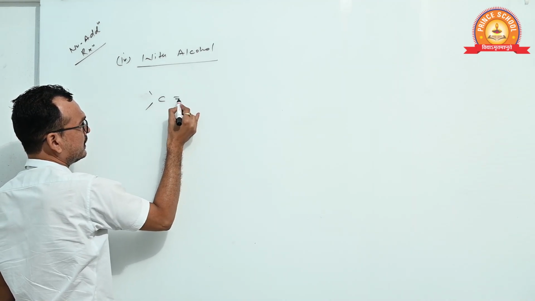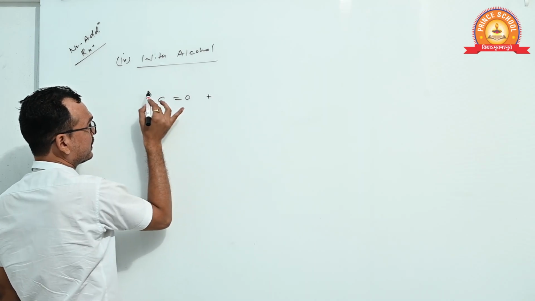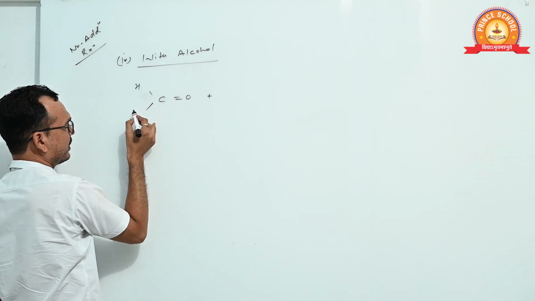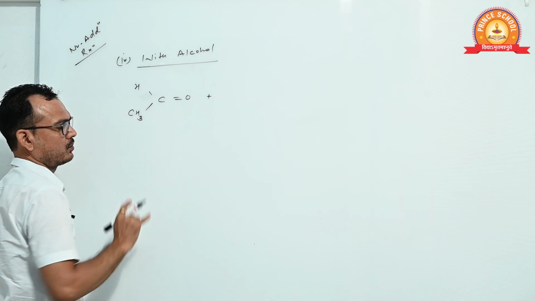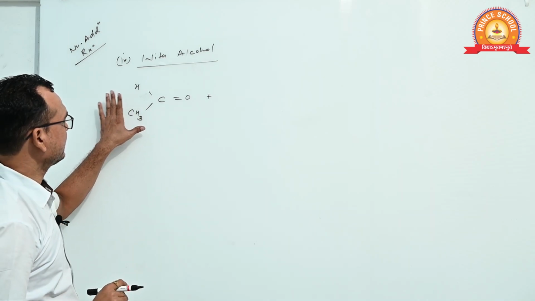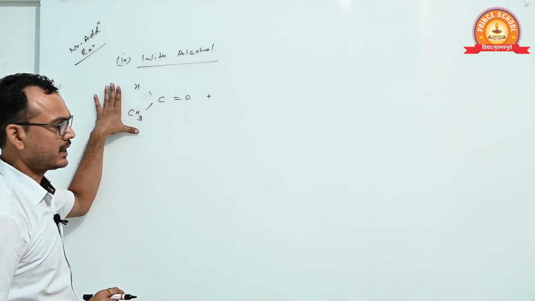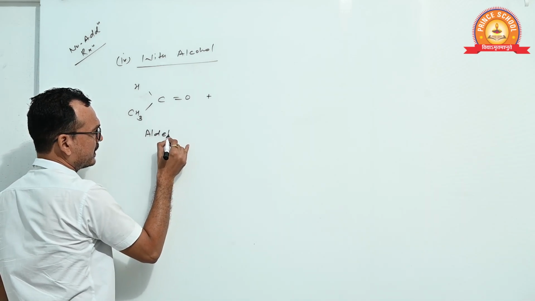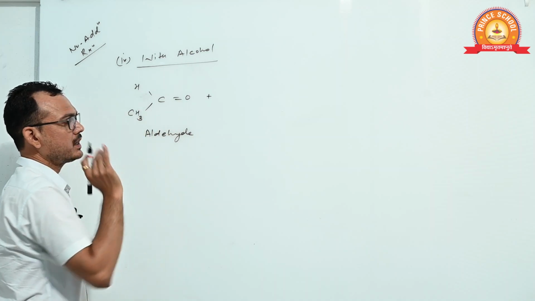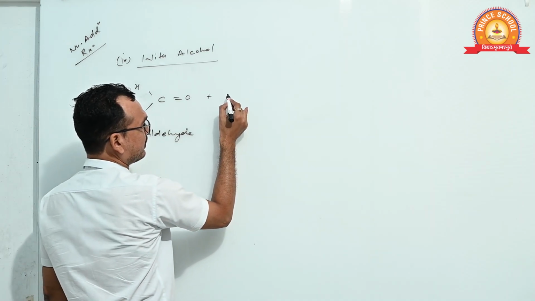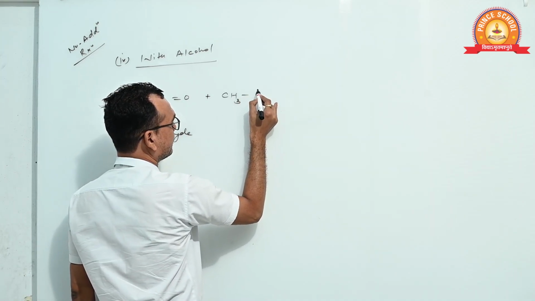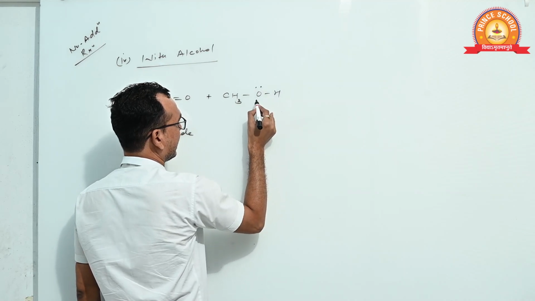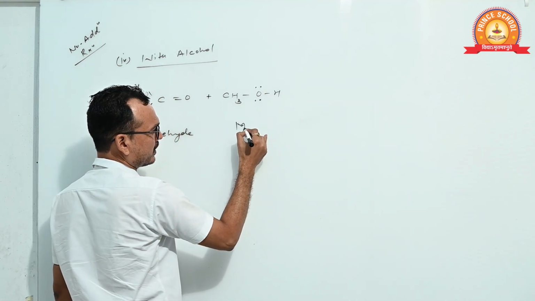This is C double bond O plus, suppose both are hydrogen and alkyl group. इसका कोई इफेक्ट नहीं पड़ेगा यदि मैं कीटोन लूँ, यहाँ एल्डिहाइड लूँ. Suppose I first take the aldehyde, we know that it is acetaldehyde, and we are going to react with alcohol. It is methanol.